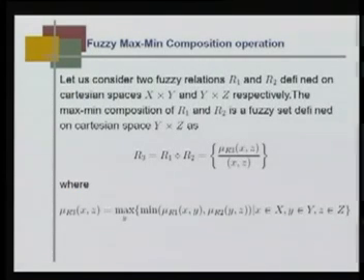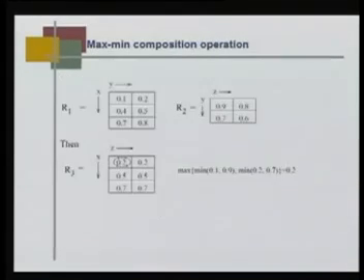The same principle applies, and I will not explain it again. The only difference is that earlier, in crisp relations, mu R used to be either 0 or 1, whereas in fuzzy relations it can be any number between 0 and 1. We will now explain the max-min composition operation using an example that makes things much clearer.